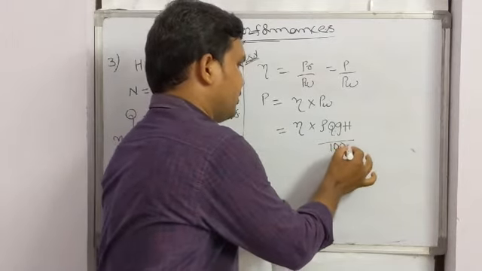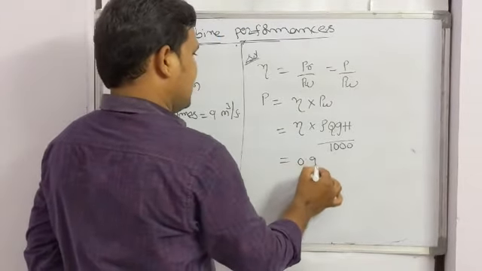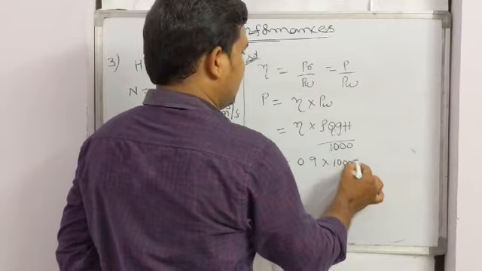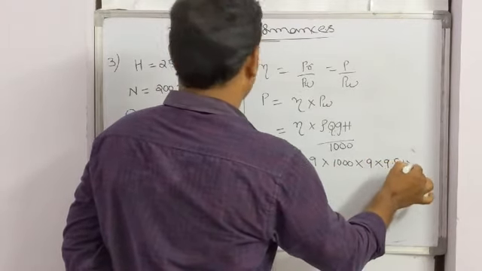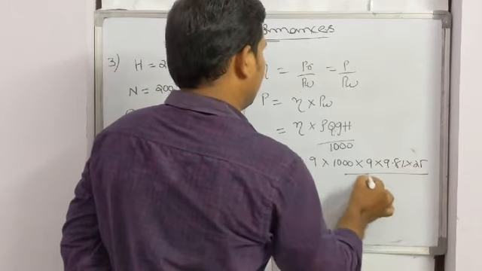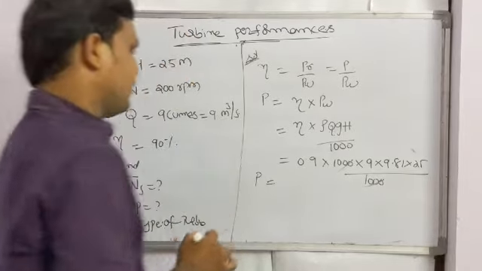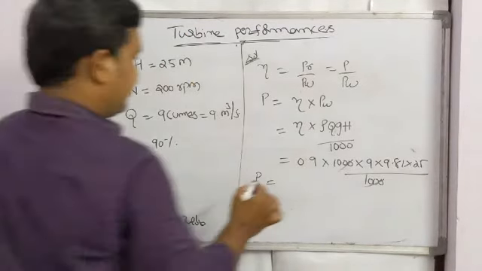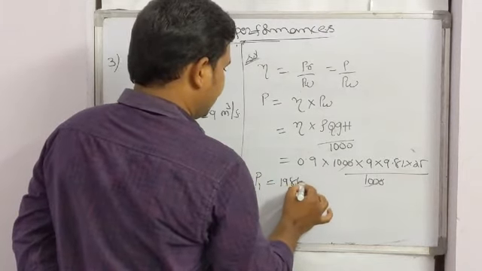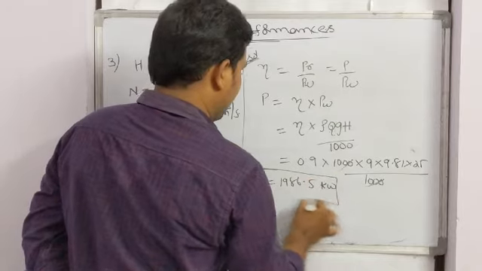We want kilowatts. Efficiency is 0.9, rho is the density of water 1000, Q is 9 meter cube per second, acceleration due to gravity 9.81, H is 25 meter, then 1000. So 1000 gets cancelled. Then the power developed is around 1986.5 kilowatt.